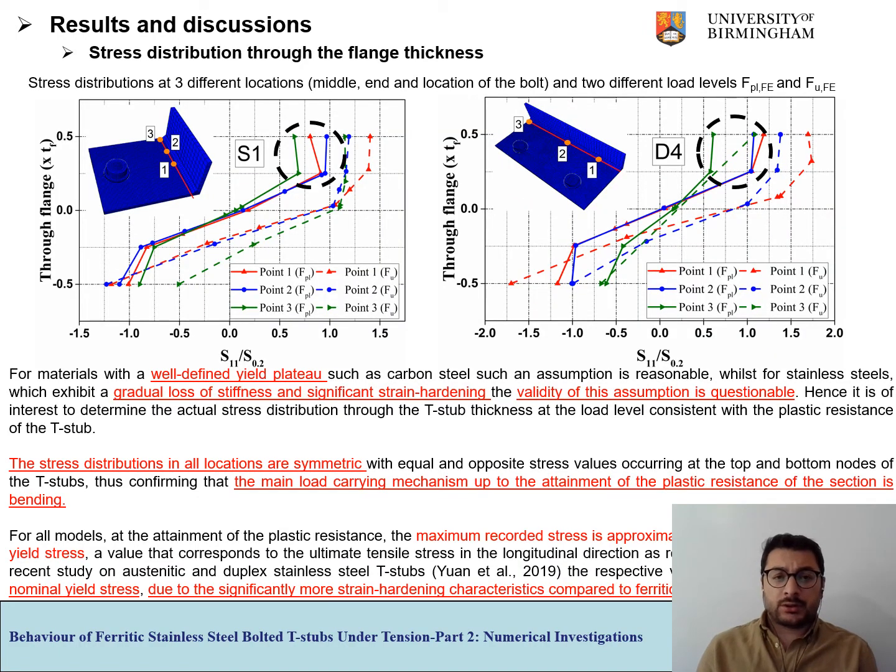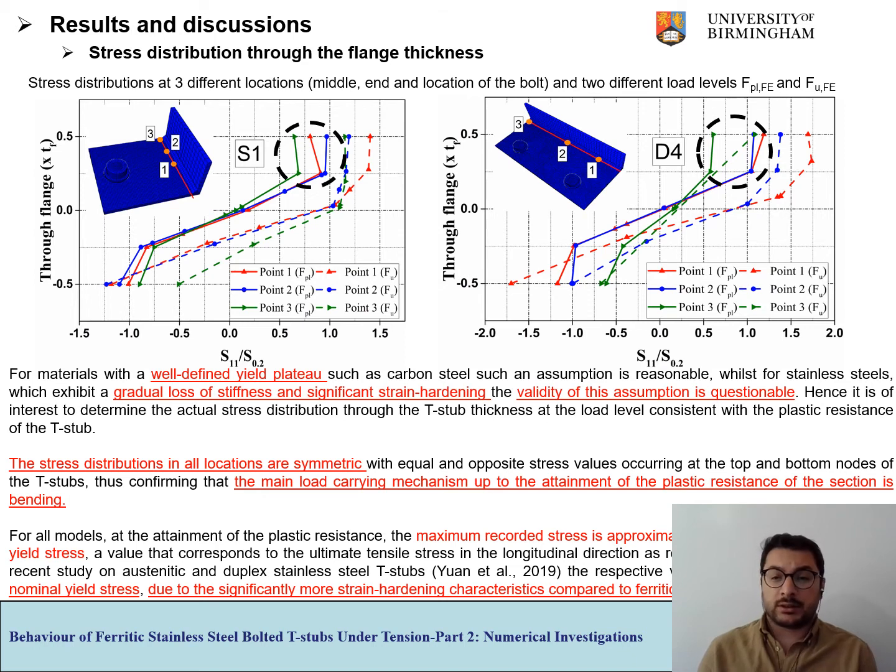If we focus on the stress distribution through the flange thickness, the stress distributions at three different locations, middle, end, and location of the bolt, which are clearly seen in the figures, and at the two different load levels, plastic force and ultimate force, were extracted. For materials with a well-defined yield plateau, such as carbon steel, such an assumption is reasonable, whilst for stainless steel, which exhibits a gradual loss of stiffness and significant strain hardening, the validity of this assumption is questionable.